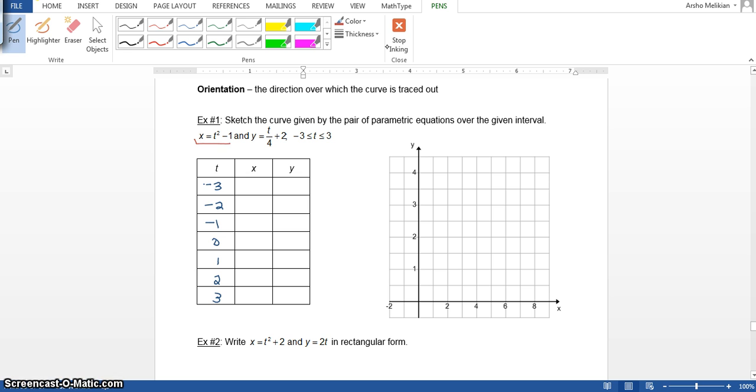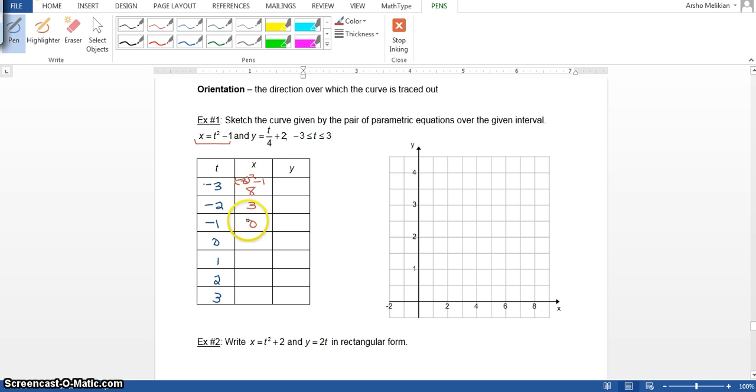Let's do the equation for x first. When t equals -3, x will be -3 squared minus 1, which is 8. When t equals -2, x is going to be 3. When t equals -1, x is 0.